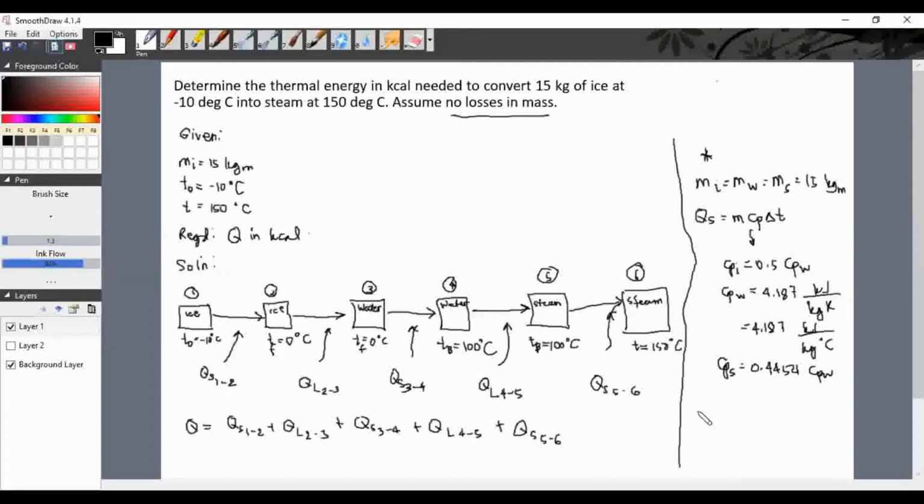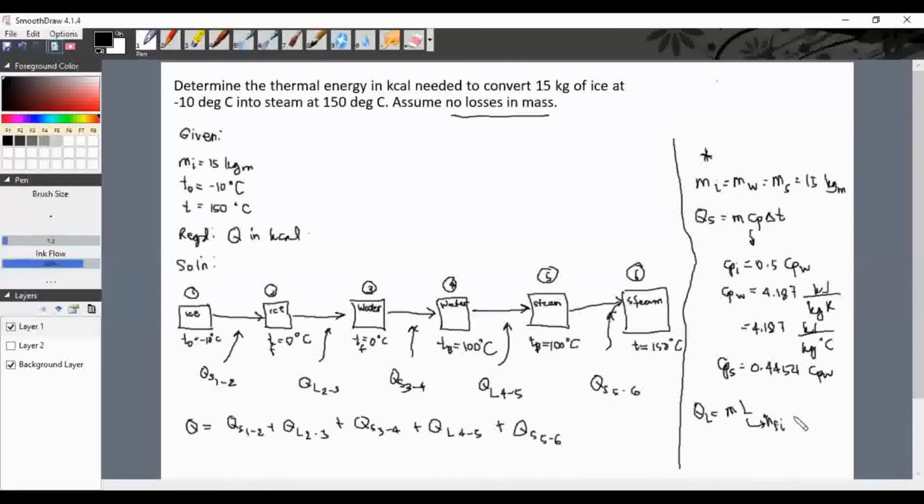And then, for our latent heat, that is mass times the latent heat. So, dalawa yan. So, kung i-convert natin yung solid to liquid or ice to water, kailangan natin, and vice versa, kailangan natin yung tinatawag na latent heat of fusion.